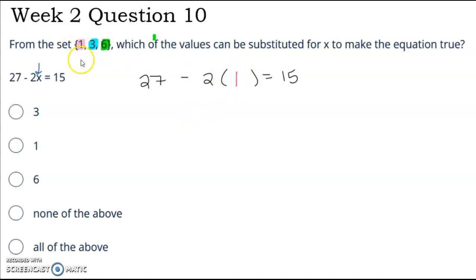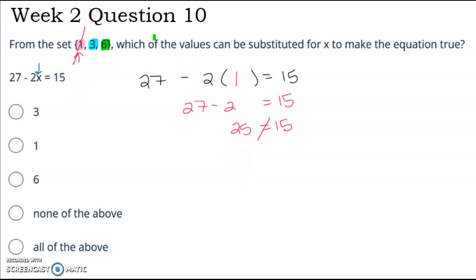So maybe that helps, if you're just plugging the 1 in. All right, so we have 27 minus 2 times 1 is 2 equals 15. Okay. 27 minus 2 is 25. Does that equal 15? No, this is not equal, so it can't be the number 1.